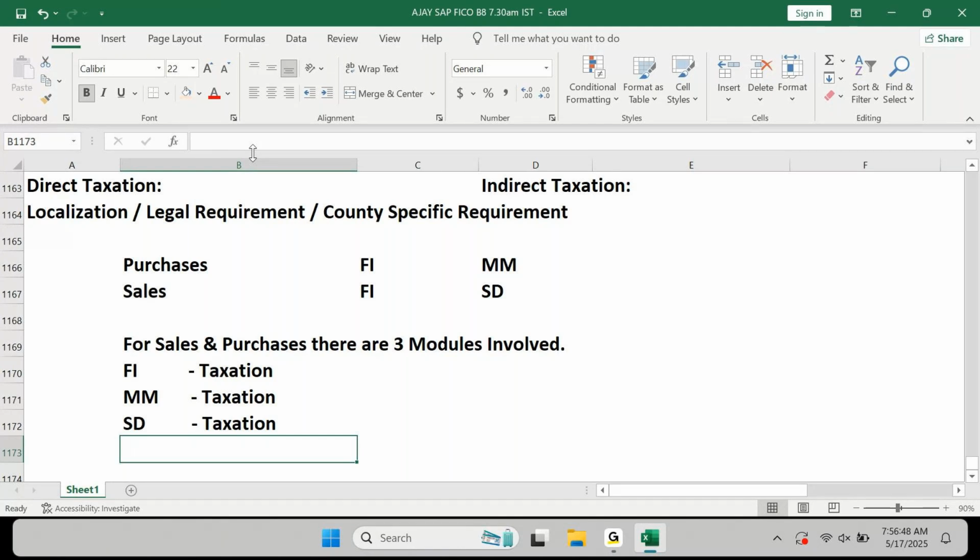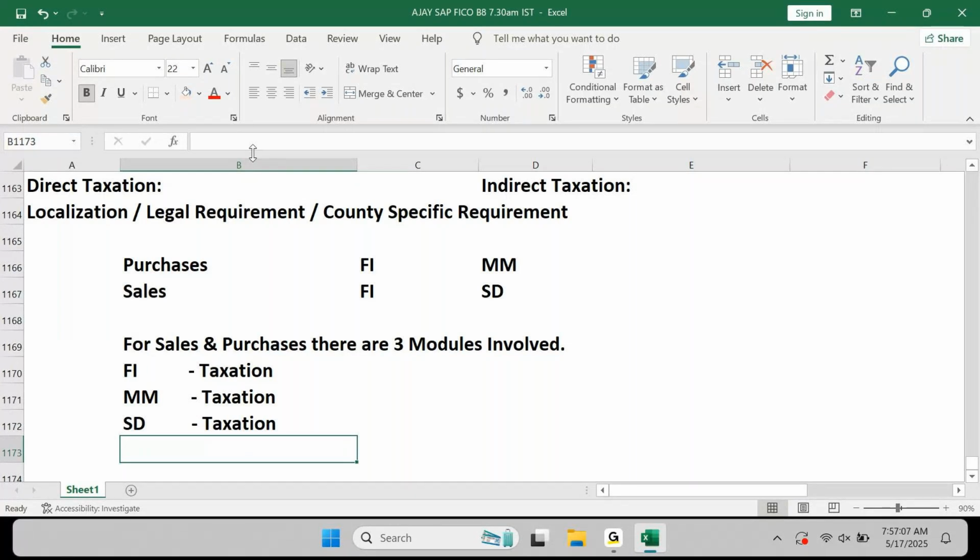When you're talking about a sale, will the sale directly happen or will it happen with the help of a sales order? Sales order. So in the sales order also tax gets calculated, in the sales order also tax gets reflected.